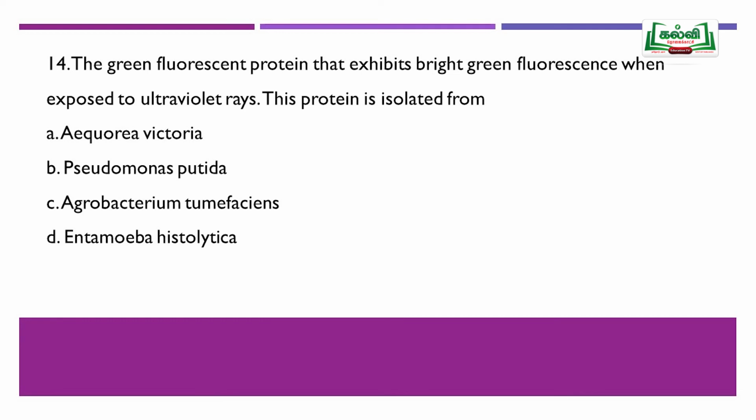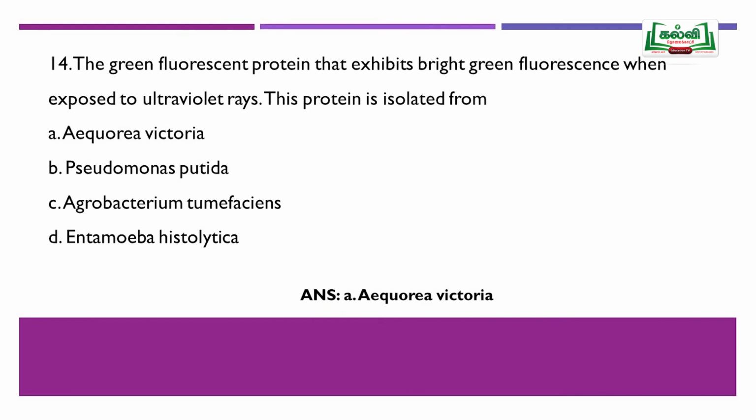So, where is this GFP protein isolated from? Aequorea victoria, Pseudomonas putida, Agrobacterium tumefaciens, Entamoeba histolytica. In these 4 options, GFP protein is isolated from which organism? Aequorea victoria. The correct answer is A, Aequorea victoria.